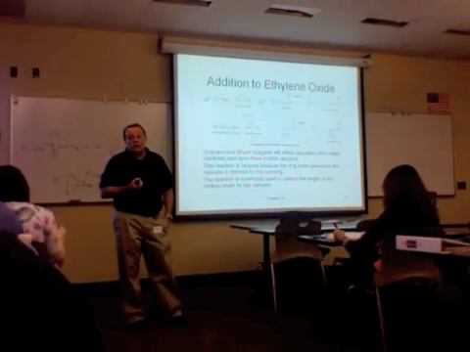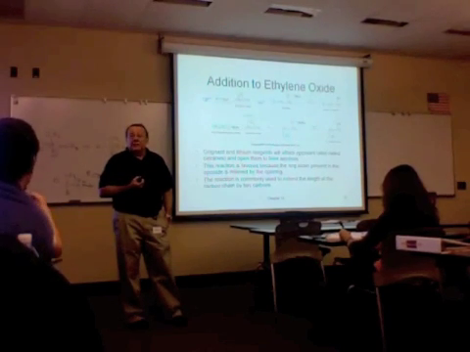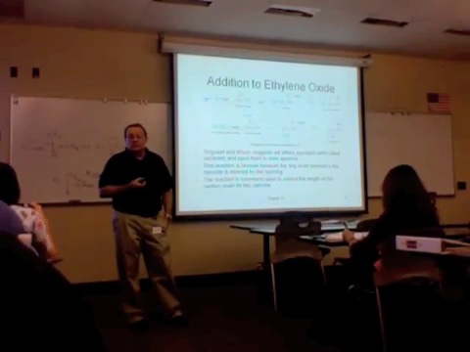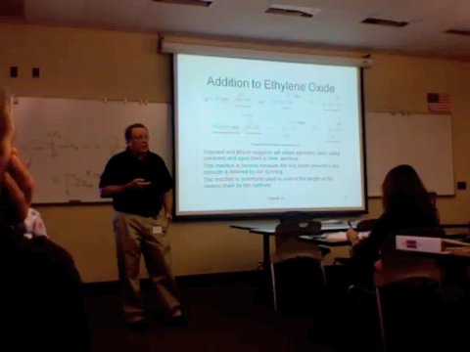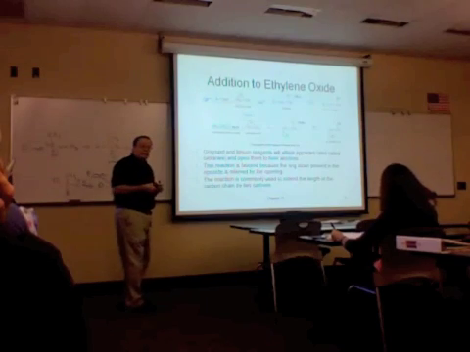So if one of them's just got 2 hydrogens on it, and one of them's got a methyl on it, like propylene oxide, it would attack the least crowded carbon, just for steric reasons.